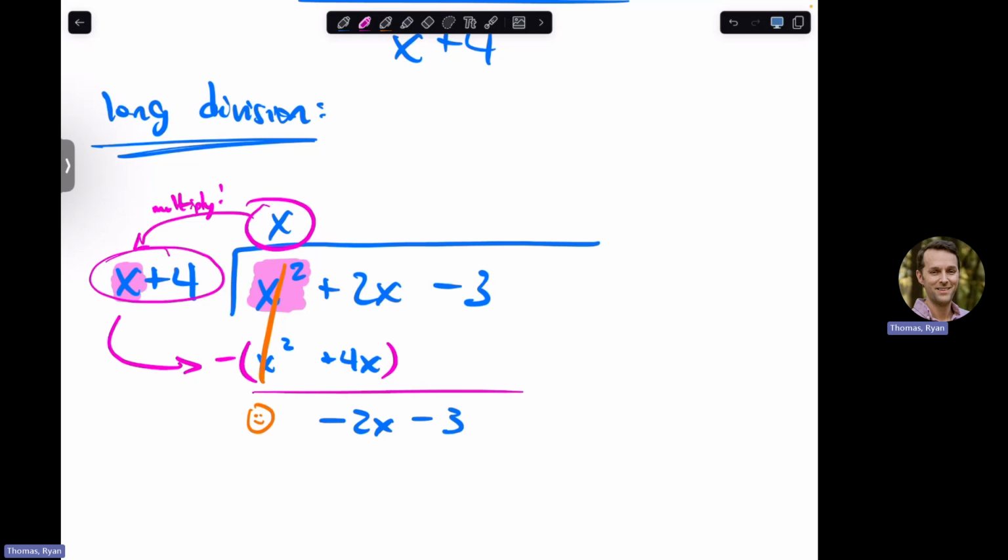And then that leaves 10 left over that I'm still going to have to deal with. This is saying x plus 4 goes into this at least x times, which would give you this. Now what's left over to still deal with in lower order stuff. Okay. That's one step of the division algorithm. Then you do it again.